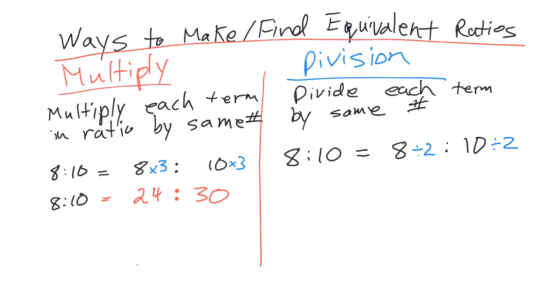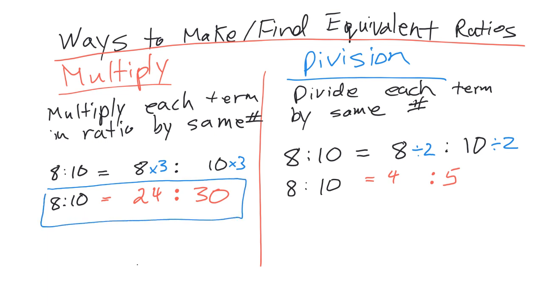So 8 divided by 2 gives us 4, and 10 divided by 2 gives us 5. So we can say that 8 to 10 is equivalent to 4 to 5. And we are literally done for both of these. So you can either multiply both of those by the same number or divide both of those terms by the same number. That is what an equivalent ratio is all about.